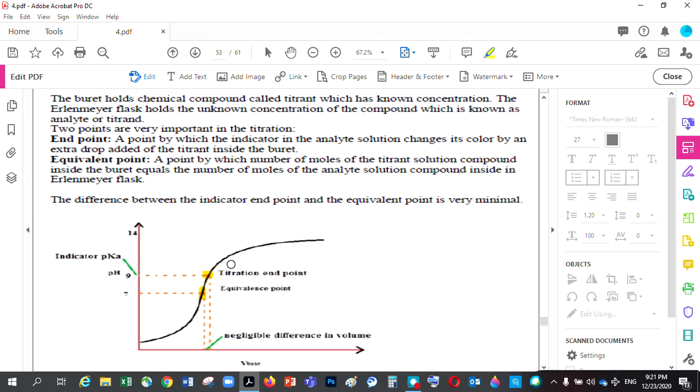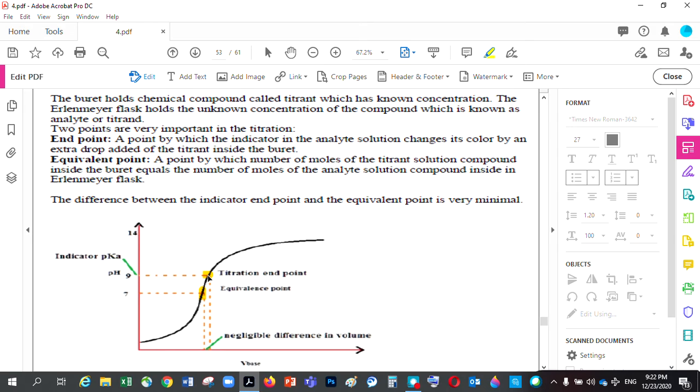What is the difference between the endpoint and the equivalent point? Well, the equivalent point is where the number of moles of the acid equals the number of moles of the base. So the reaction is done. The pH meter can give us very good data on this.